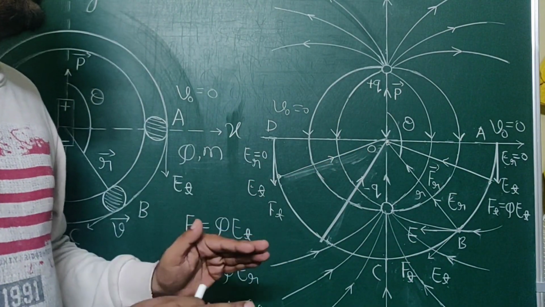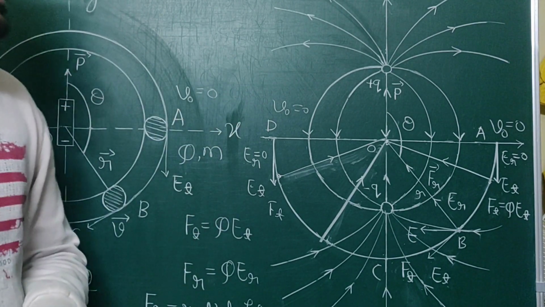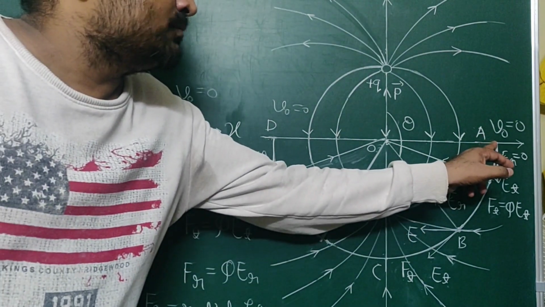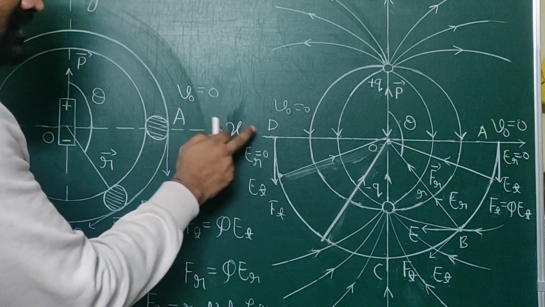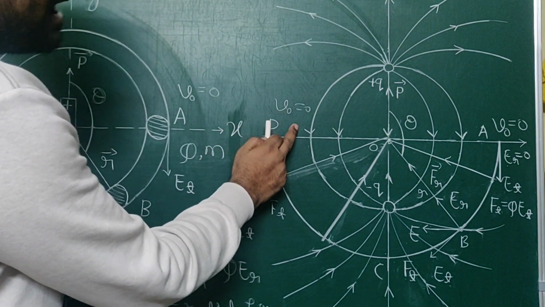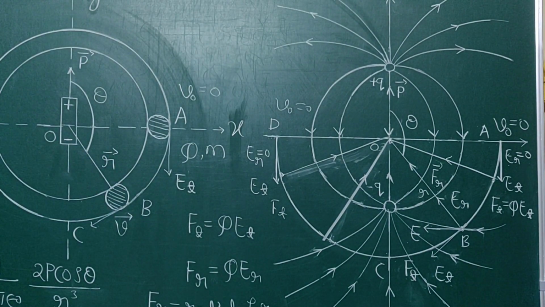That is the nature of the motion of the bead around the dipole. Now, where will the bead come to rest for the first time after it was released at point A? D is the point in the diagram where the bead will come to rest for the first time after it was released at point A. So that is the answer for the third question.